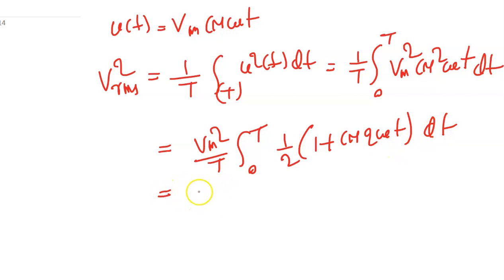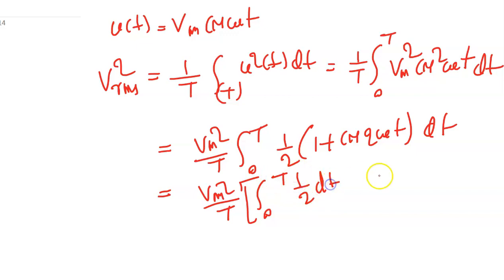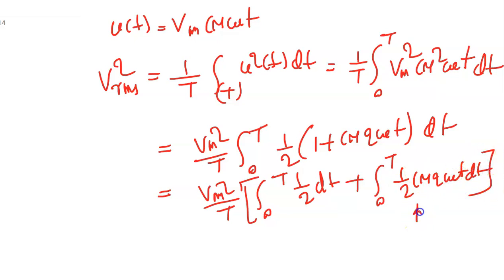That will give you Vm square upon T, whole integration 0 to T half dt, plus 0 to T half cos 2 omega t dt. You just recognize this is another sinusoidal, and you know that the average value of a sinusoidal wave is 0.